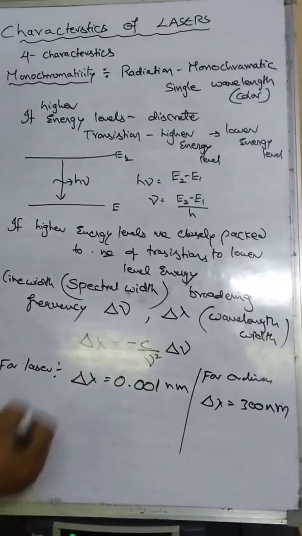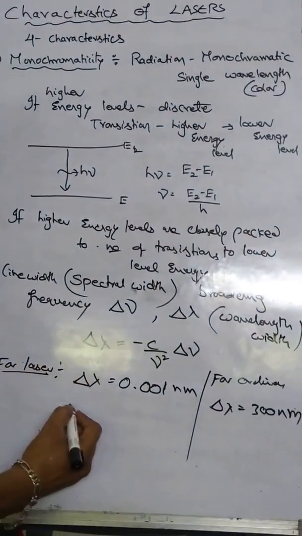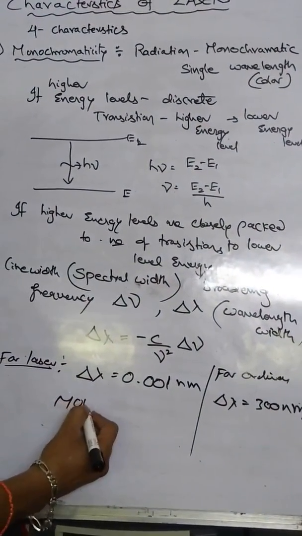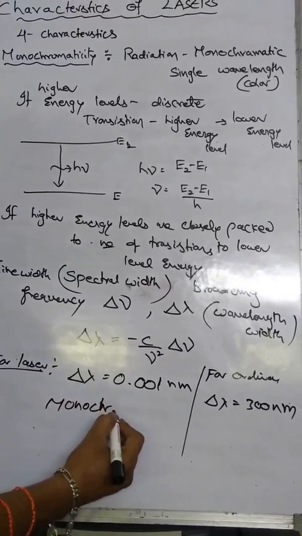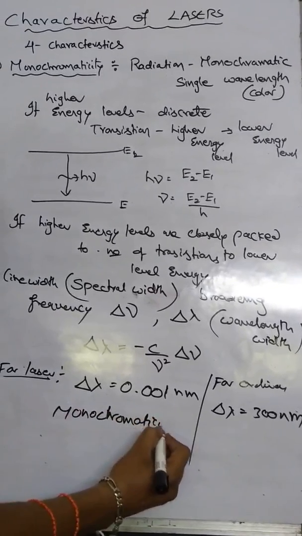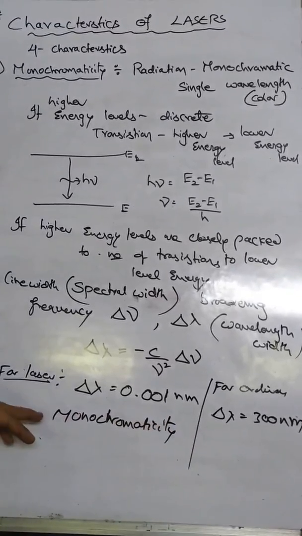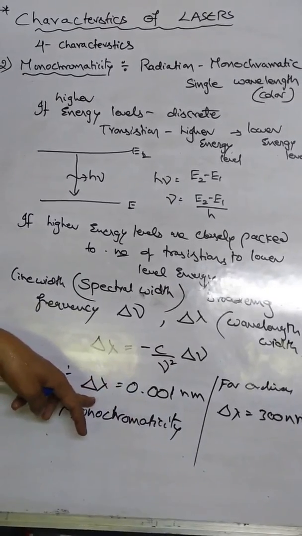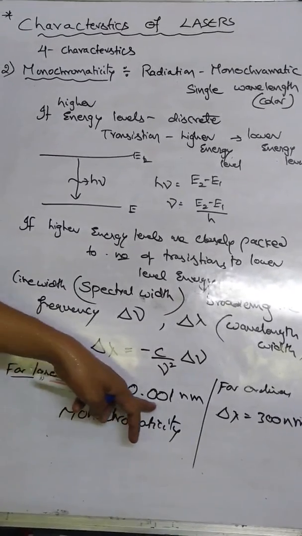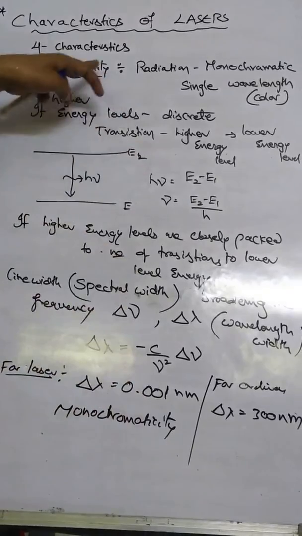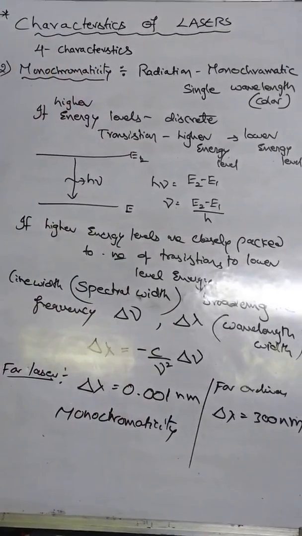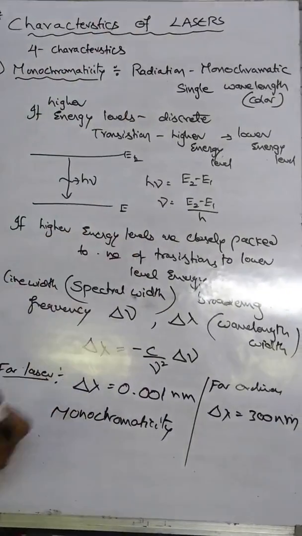If the spectral broadening is very small, this leads to an important characteristic called monochromaticity. Therefore, as the wavelength width of a laser is very narrow, the laser possesses high monochromaticity.